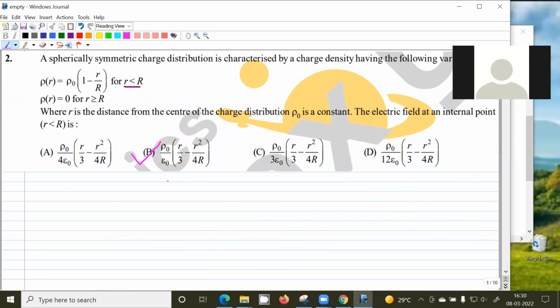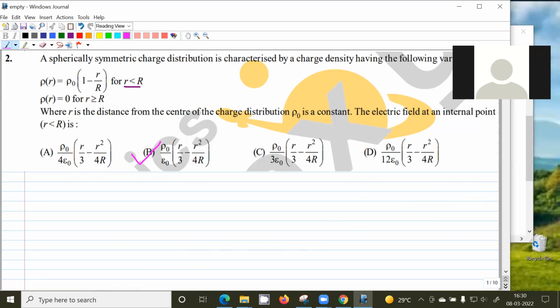And if capital R is very large, infinity, capital R is fixed and small r is a variable.